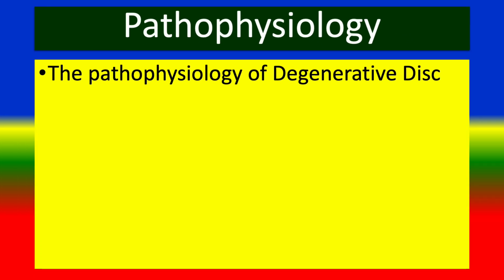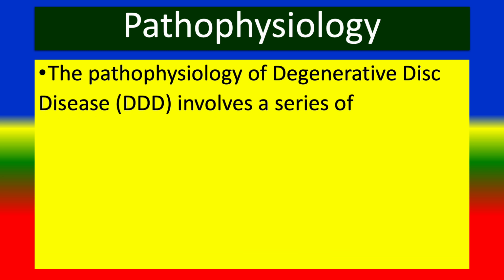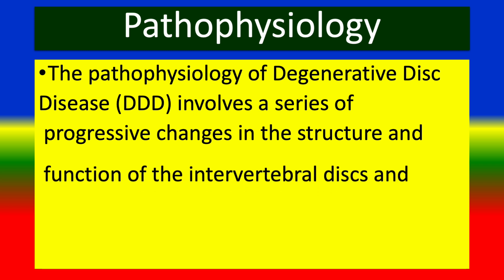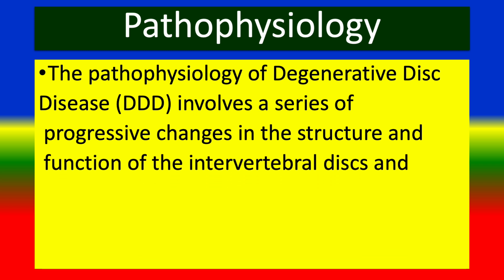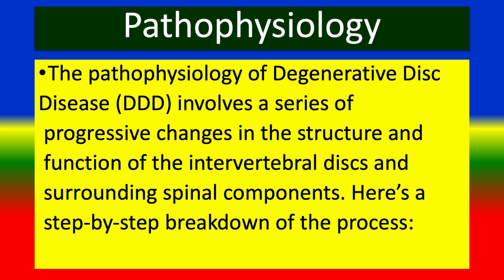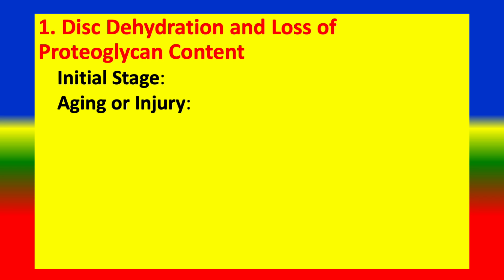Pathophysiology. The pathophysiology of degenerative disc disease involves gradual, progressive changes in the structure and function of the intervertebral disc and surrounding spinal components. Here is a step-by-step breakdown of the process. 1, disc dehydration and loss of proteoglycan content.